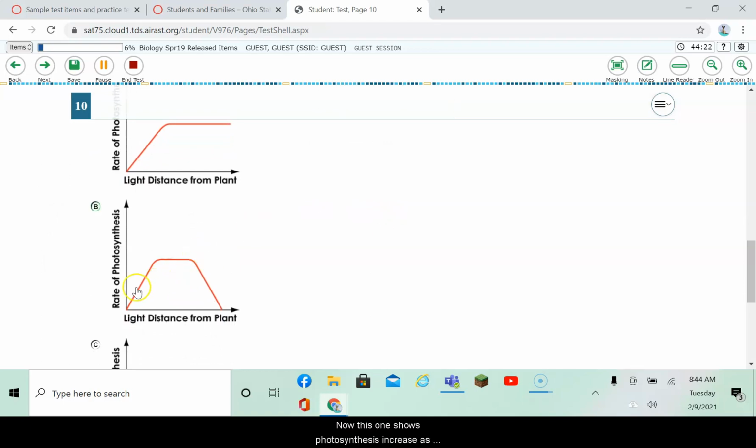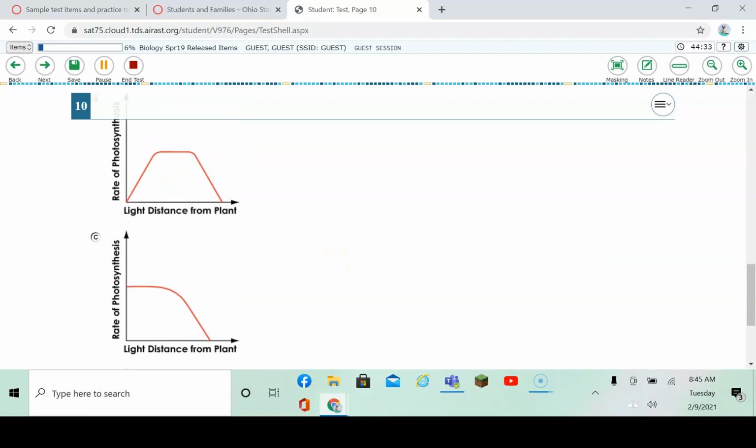Okay? Now, this one shows photosynthesis increasing as you get farther away and then leveling off and then going down. No, that's not the case. Now, C, this shows you photosynthesis.